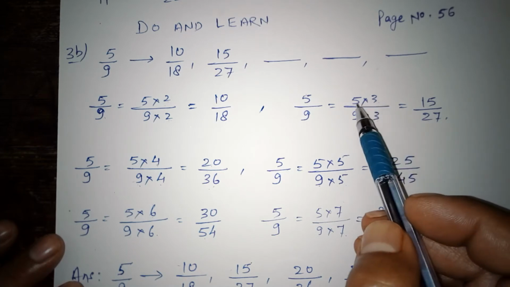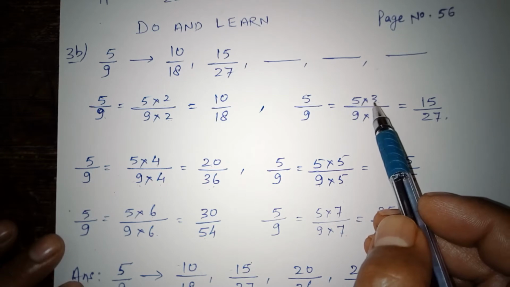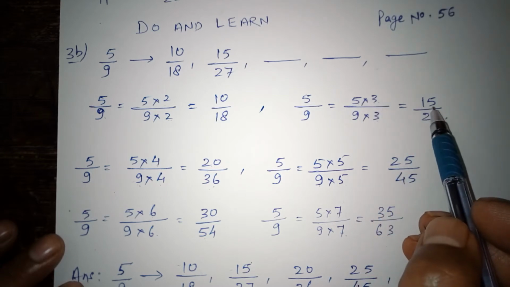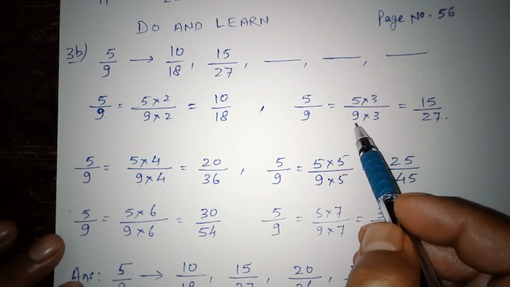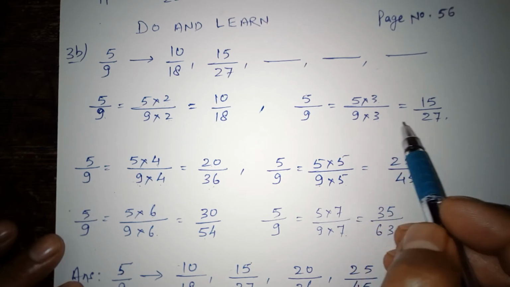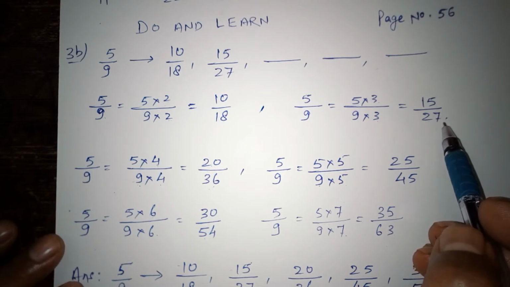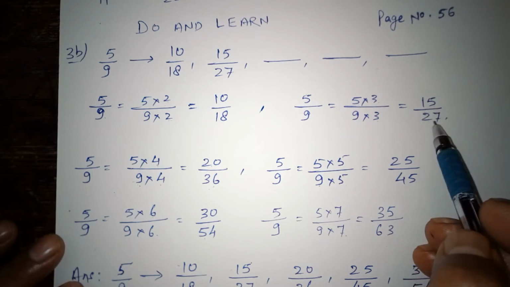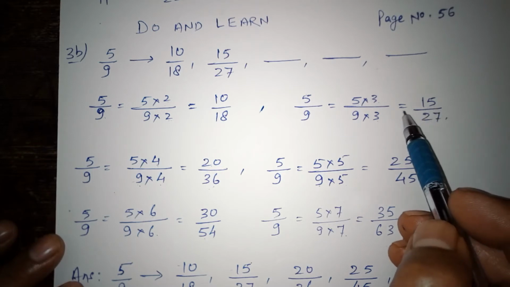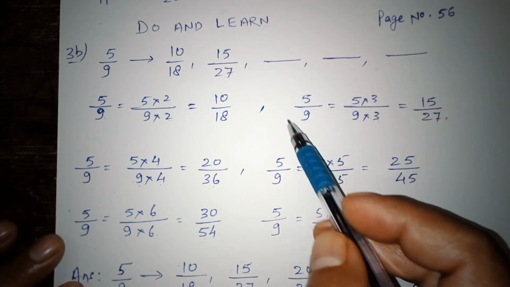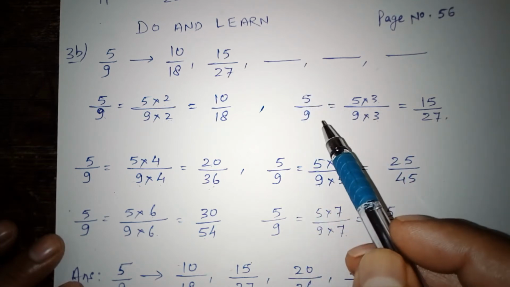As you know very well, 5 multiplied by 3 gives 15, and 9 multiplied by 3 gives 27. So 15 upon 27 is an equivalent fraction of 5 upon 9.